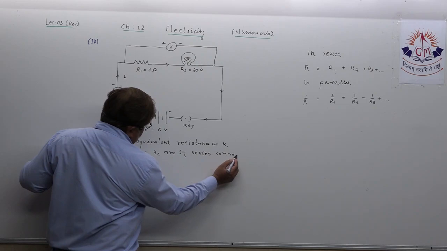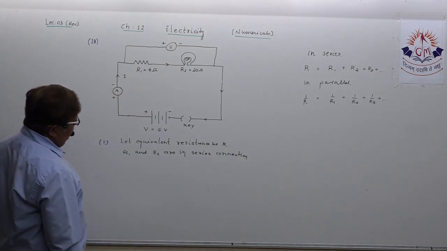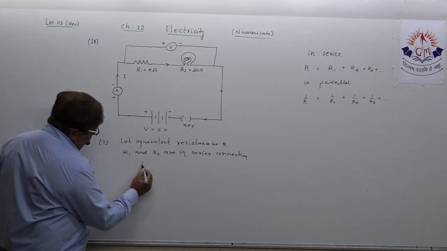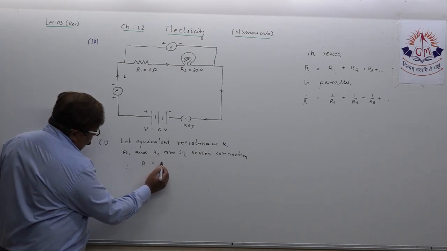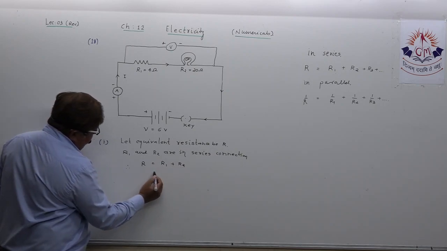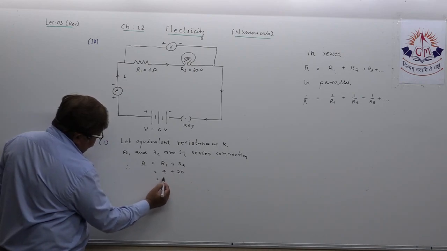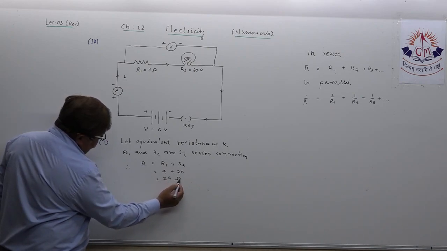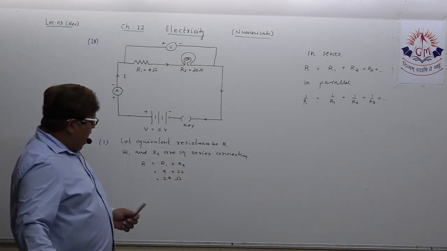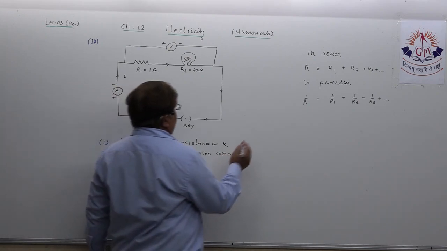So you apply the formula R equals R1 plus R2. 4 plus 20 turns out to be 24 ohm. So we got the first answer, 24 ohm.